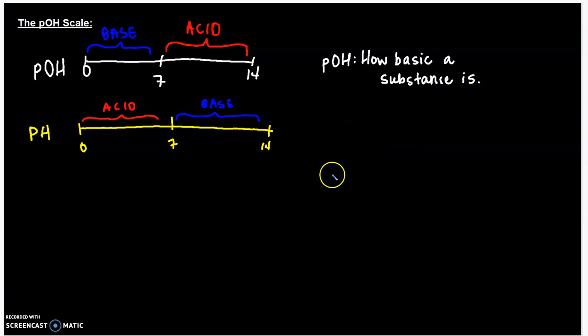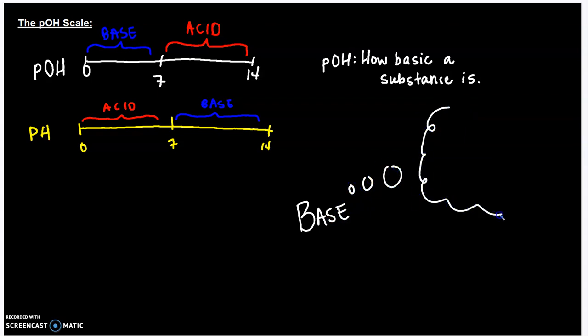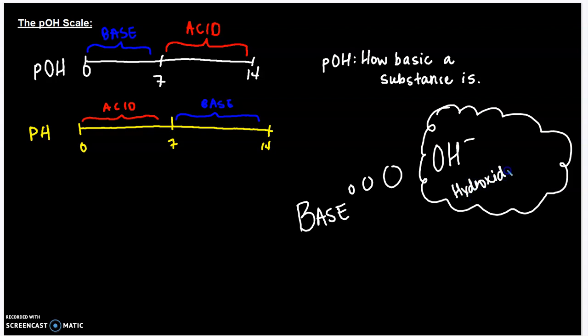All right. And whenever you hear the word base, I want you to think in your big brain, OH. And OH is the same thing as a hydroxide, or a hydroxide ion.